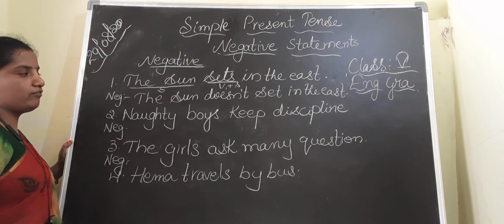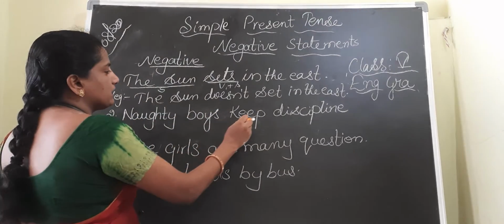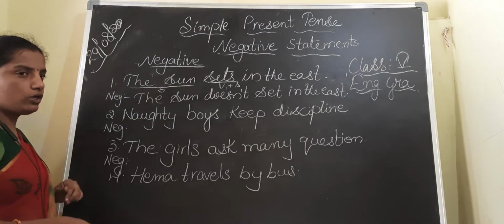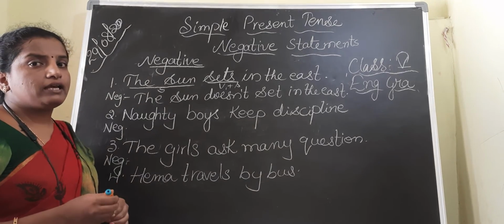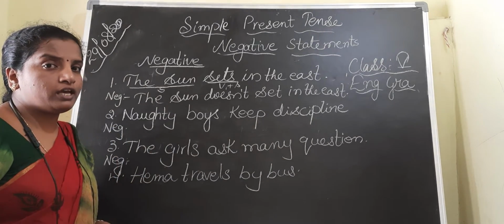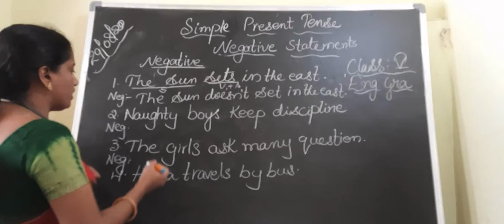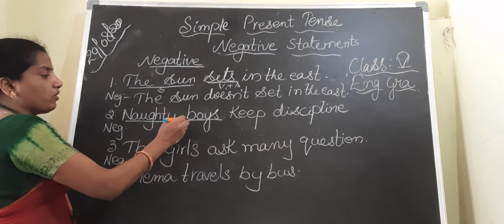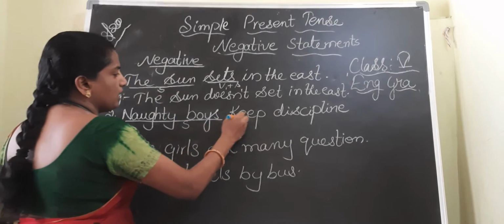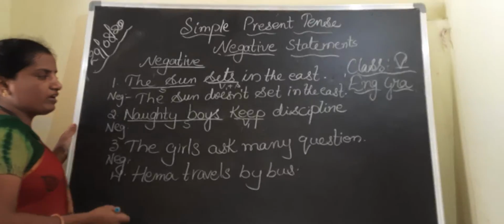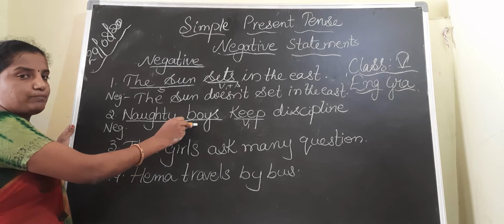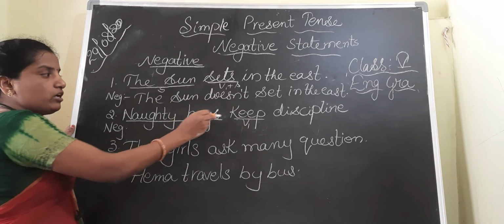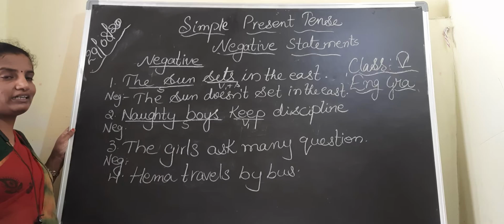Coming to the second one. Naughty boys keep discipline. About whom are we talking here in the statement, children? We are talking about the naughty boys. Here, naughty boys is the subject. Keep is V1. Whenever we are talking about a plural subject in the simple present tense, you will get V1 in the sentence.